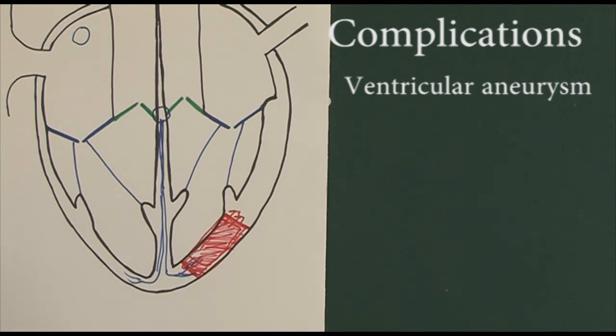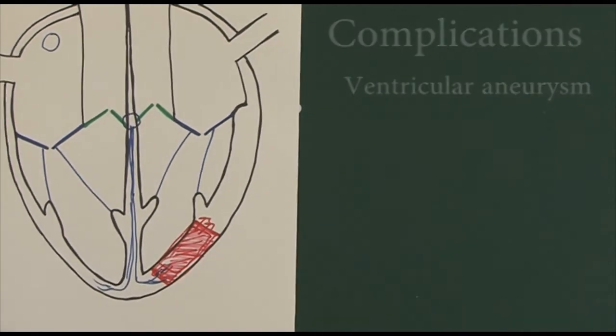And the scar tissue is acontractile and it stretches and thins. This is called infarct expansion. And this leads to progressive dilation of the ventricles, and there's often a compensatory hypertrophy in the non-infarcted areas. Let's see what we mean by this by looking at this diagram here.